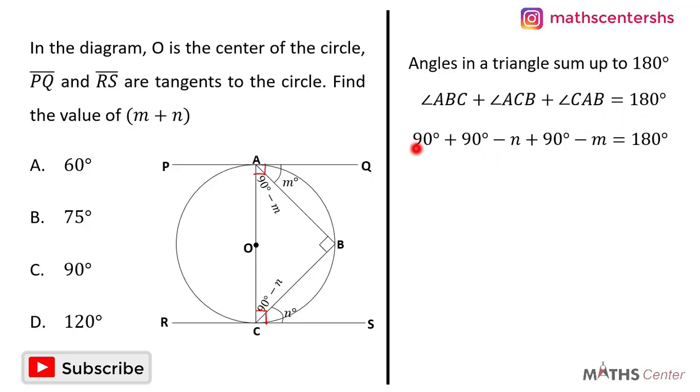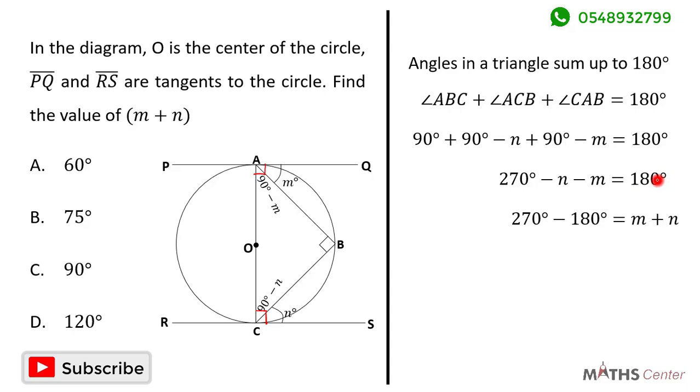And so 90 degrees plus 90 degrees minus N plus 90 degrees minus M is equal to 180 degrees. Remember that we are looking for M plus N. We can get that from this equation. 90 degrees plus 90 degrees plus 90 degrees will give us 270 degrees. So you have 270 degrees minus N minus M is equal to 180 degrees.